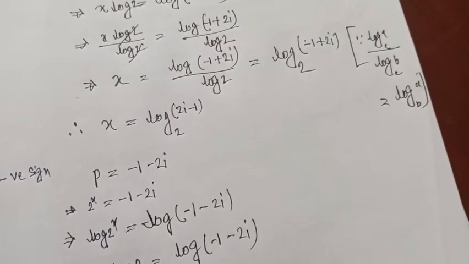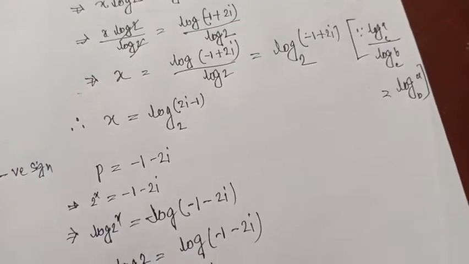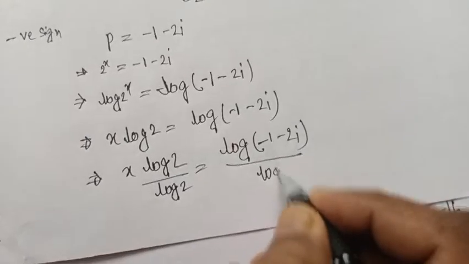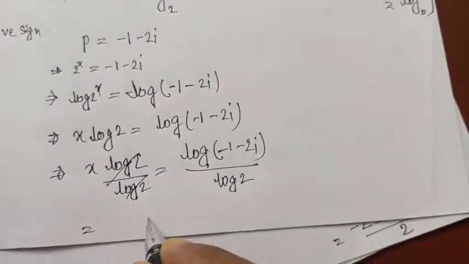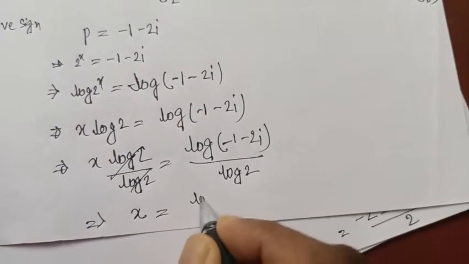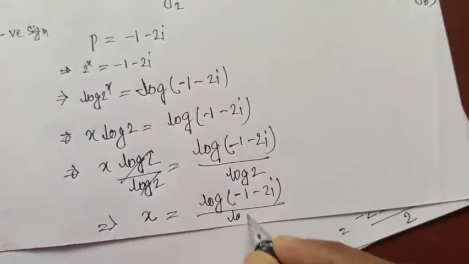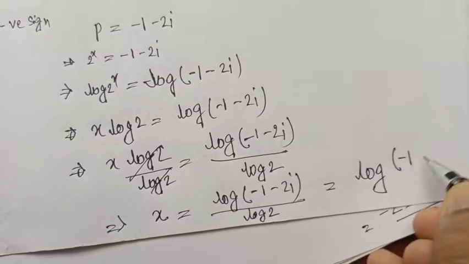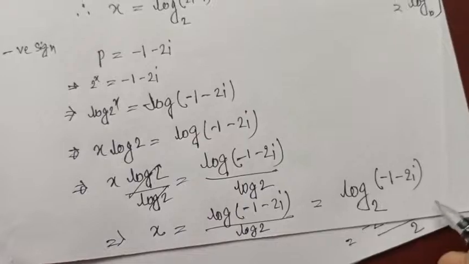If we divide by log 2 on both sides, it becomes x is equal to log of minus 1 minus 2i by log 2, again log of minus 1 minus 2i base 2. This is the third answer.